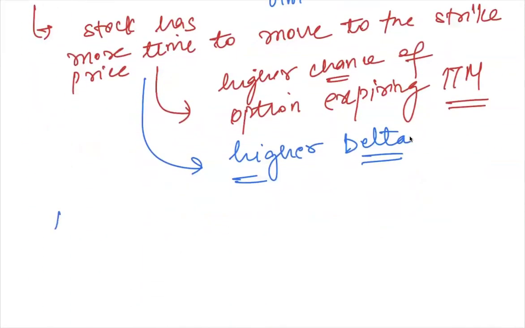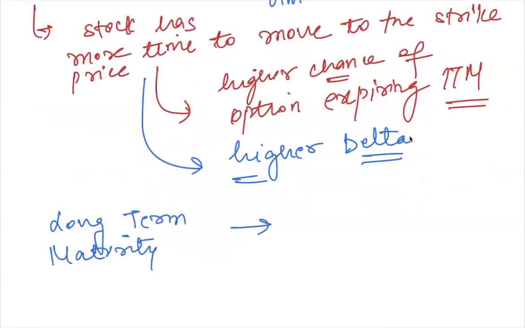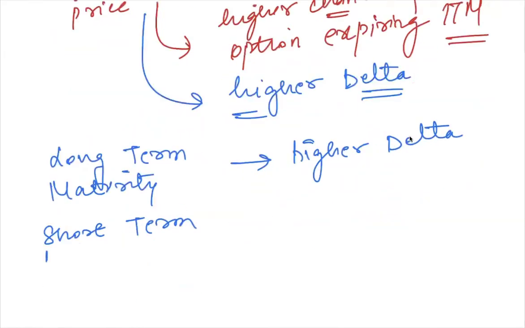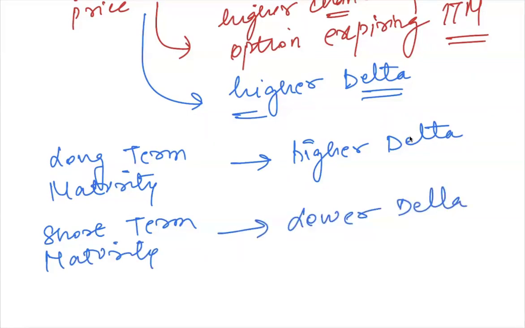So basically, for long term maturity, we always have higher delta, okay? And for short term maturity, we have lower delta. Why is that the case?